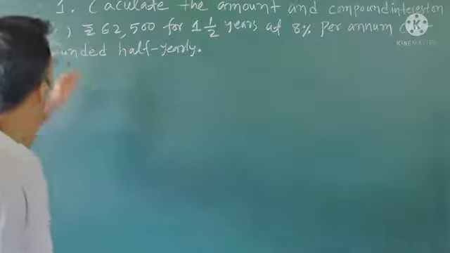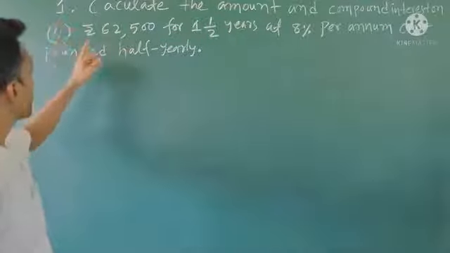Let's see the next question number 1C. Calculate the amount and compound interest on rupees 62,500 for 1.5 year at 8% per annum compounded half yearly. In the first question, interest was given per annum compounded annually.